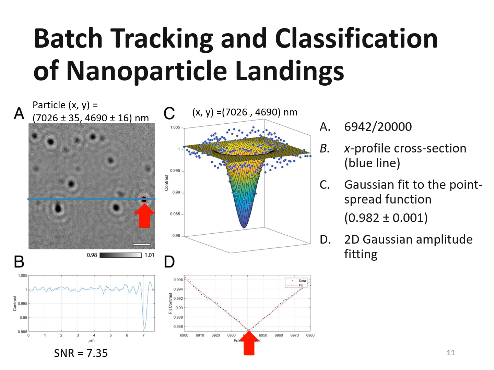Figure D shows how the Gaussian amplitude changes over time, reflecting the particle's behavior at its nearest to the surface. From this figure, we can see that the particle in figure A reached its highest radiometric contrast at frame 6942.